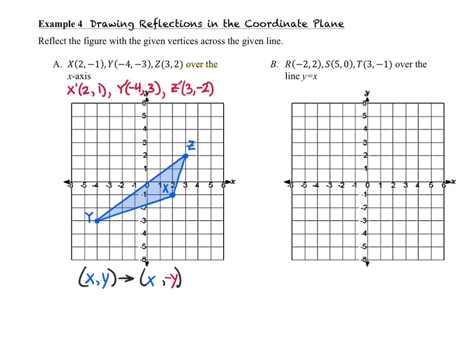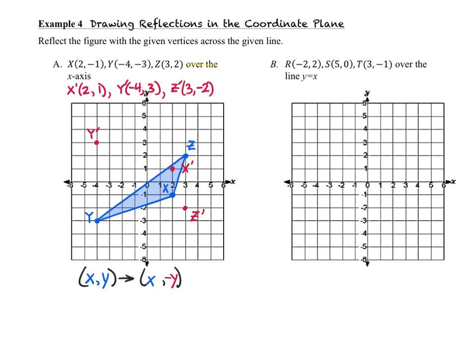X prime is going to be located at (2, 1), so that's X prime. Y prime is at (-4, 3), that's Y prime. Remember, always label your points. And Z prime is located at (3, -2), Z prime.